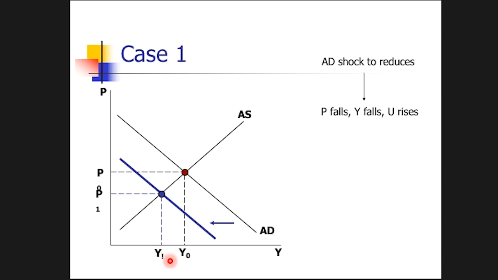And because of the lower output, unemployment increases. And it means that there is surplus of labor in the labor market. So in short run, the economy falls into recession like this and nothing changes more in short run.